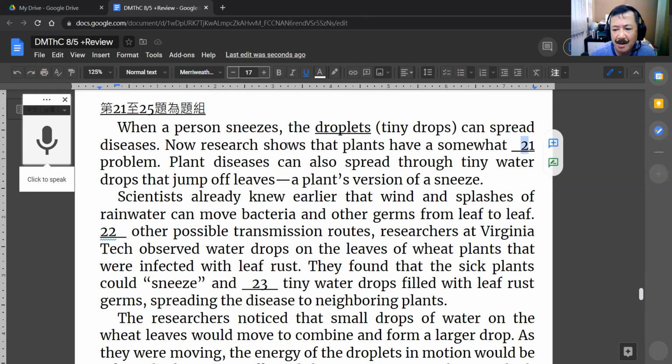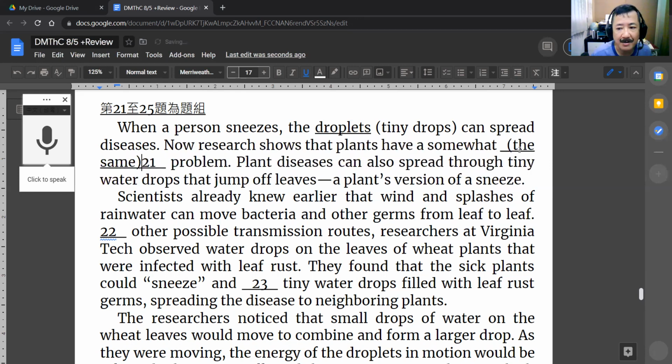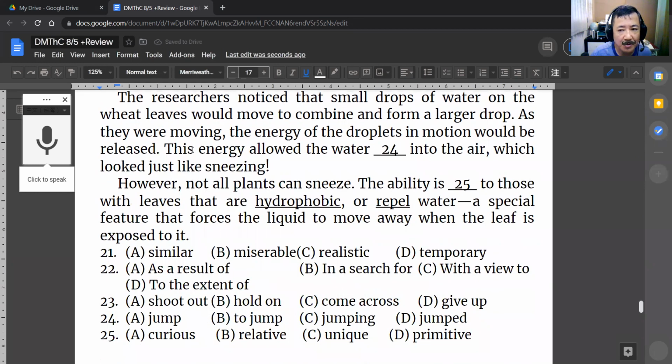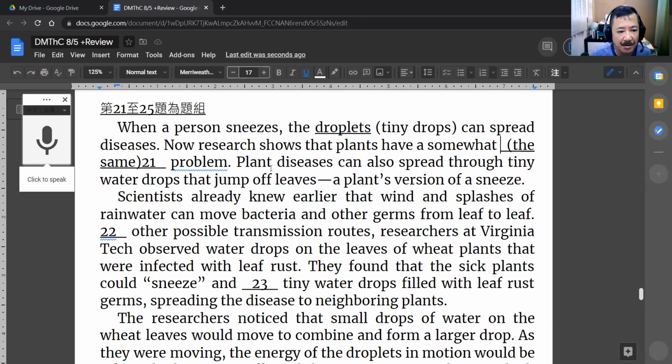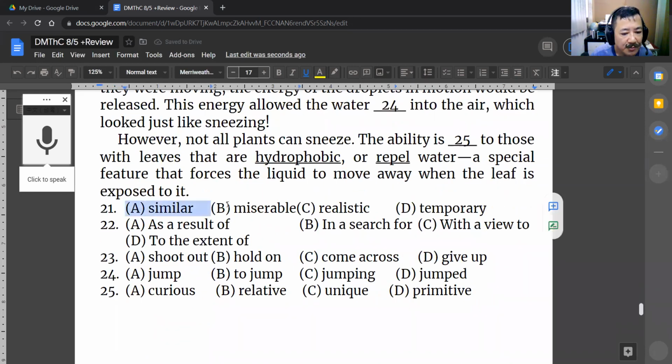So here, I need some kind of meaning that means like the same, okay? Let me do the color coding again. Let's do blue. Which word do you think means the same?